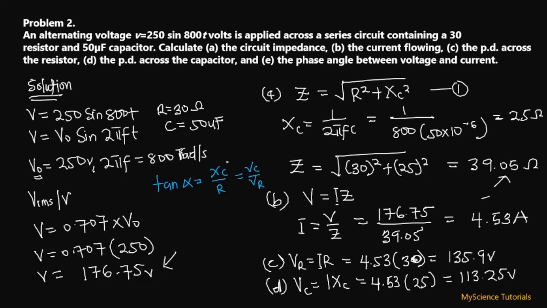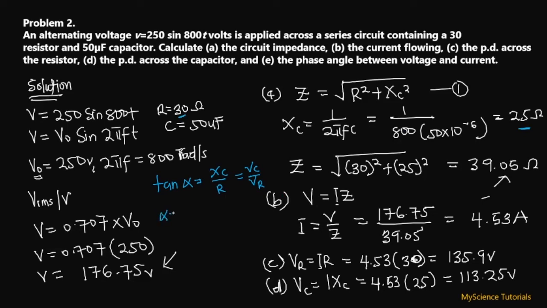Either of these ratios can give you the answer that you want. Because we have VR and VC here, we can use those. Or because we have XC and the resistance given to us, we can also use that as well. I will be using XC over R.